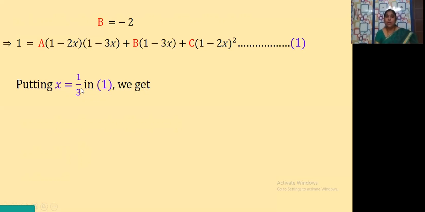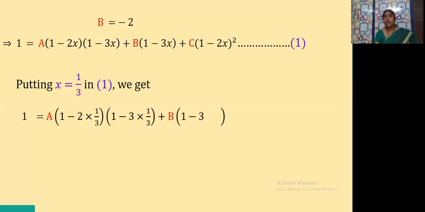Similar to what you did in the previous one for finding the b value, similar to that only. Now what is this? 1 is equal to a into 1 minus 2 into 1 by 3, into 1 minus 3 into 1 by 3, plus b into 1 minus 3 into 1 by 3, plus c into 1 minus 2 into 1 by 3, whole square.